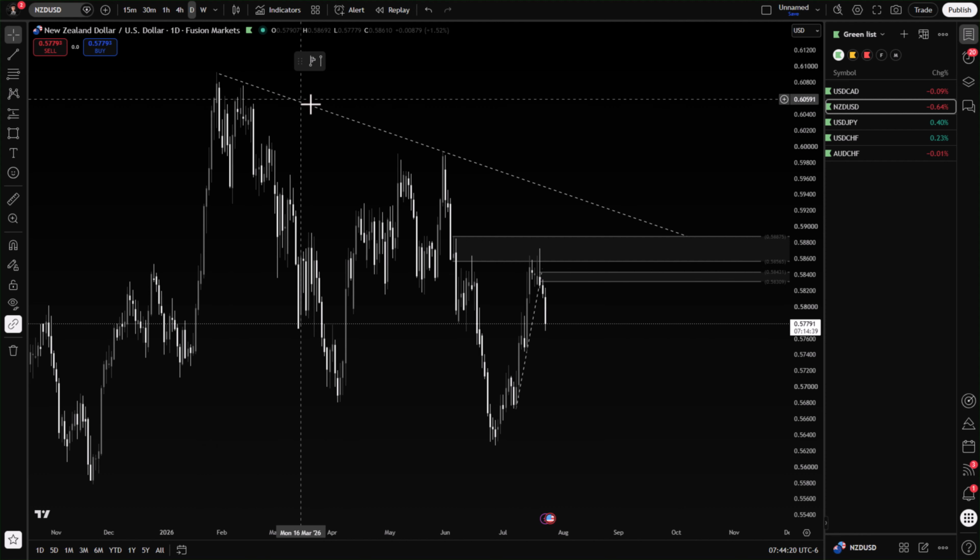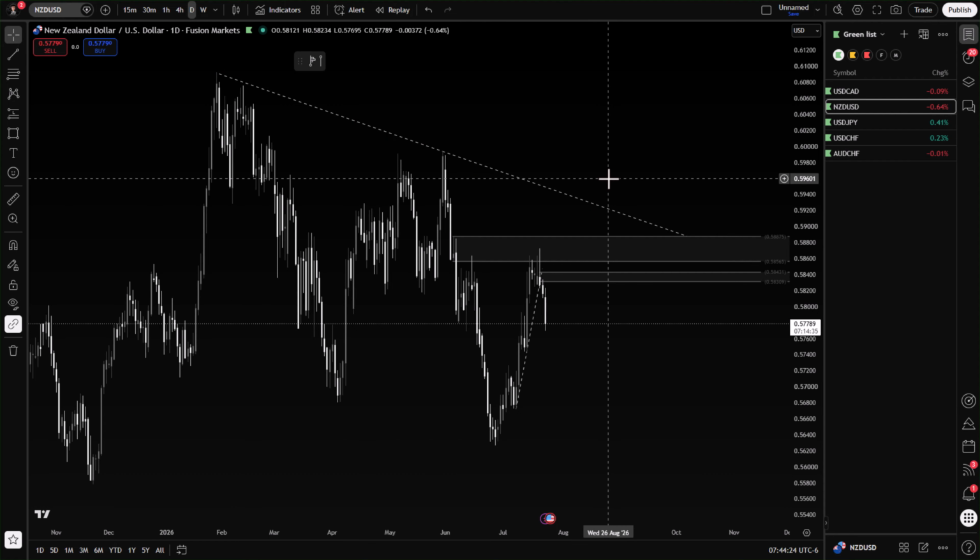Why? We have this bearish trend line, and trend lines will validate or invalidate your levels. This trend line is validating this level because price is far from the trend line. All levels below a bearish trend line are valid.